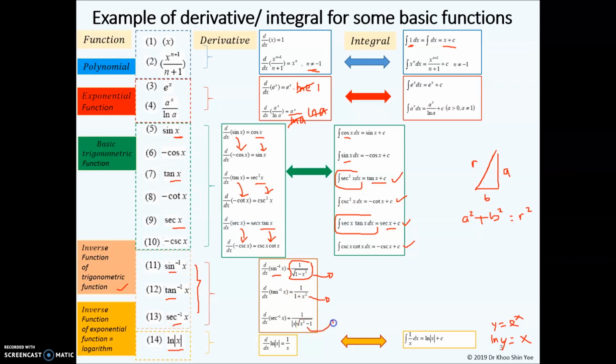And lastly, this one, x squared plus B squared, something like that. So this has something to do with trigonometric substitution. We will discuss this later. If you integrate this function, you should get back the inverse function for sine. Integrate this, you get the inverse function for tangent, arctangent. And if you integrate this, you get the inverse function for secant.